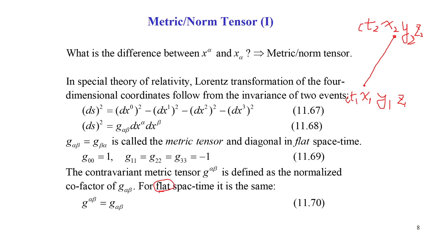Flat means no curvature. However, if the space is curved, then how to calculate this one? Just imagine we have something like, maybe I should draw a figure like this one.